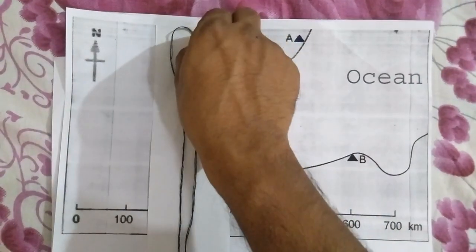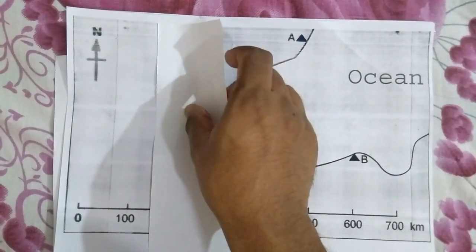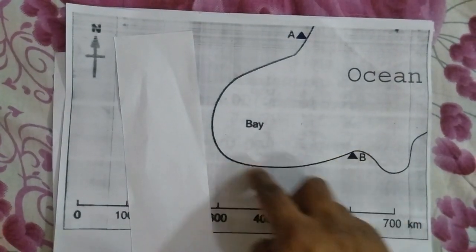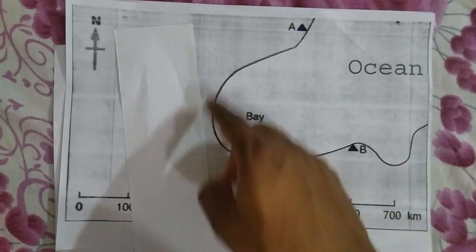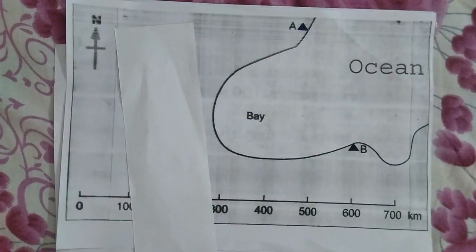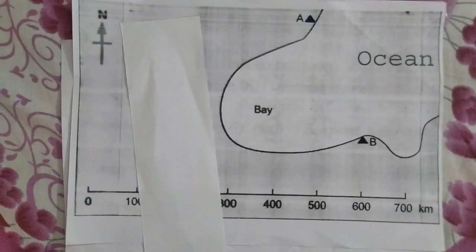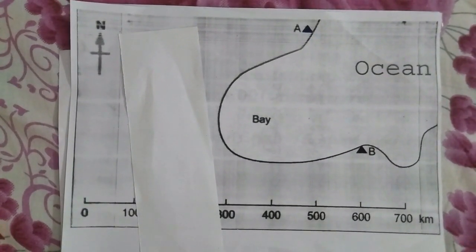First of all we are going to look at how to find the distance between A and B over the coast in a curved line. What is the distance between these two points? So first we are going to do the measurement with the help of a paper strip.